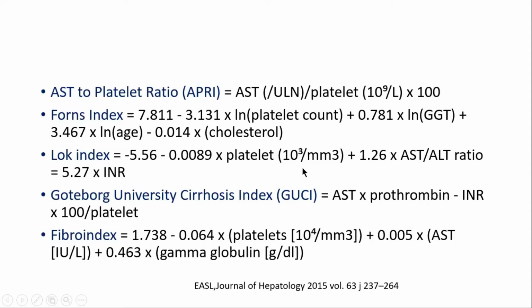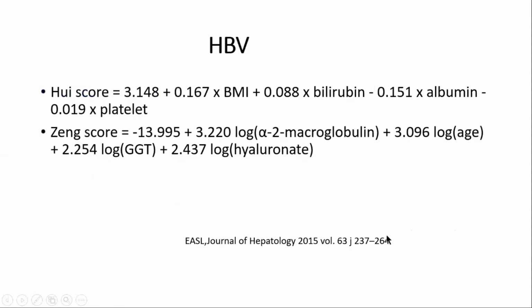Log index, which includes platelet and AST-ALT ratio. Gothenburg University Cirrhosis Index or GUCI: AST, prothrombin time INR, and platelet are included here. Fibro index includes platelet count, AST in units per liter, and gamma globulin in grams per deciliter.